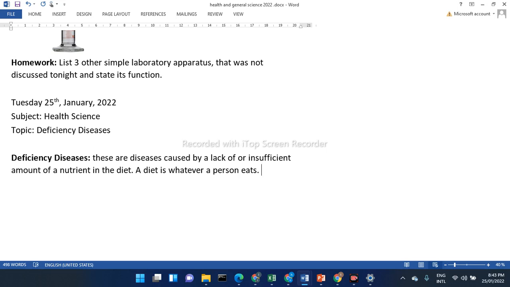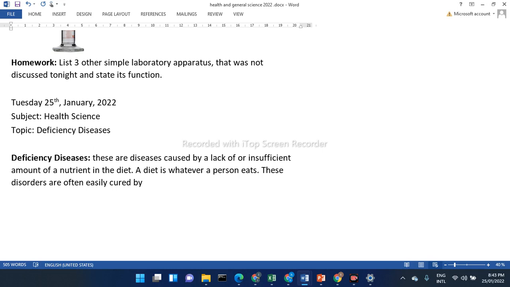Now the good thing about these deficiency diseases is that these disorders are often easily cured by what? How can we cure a deficiency disease?